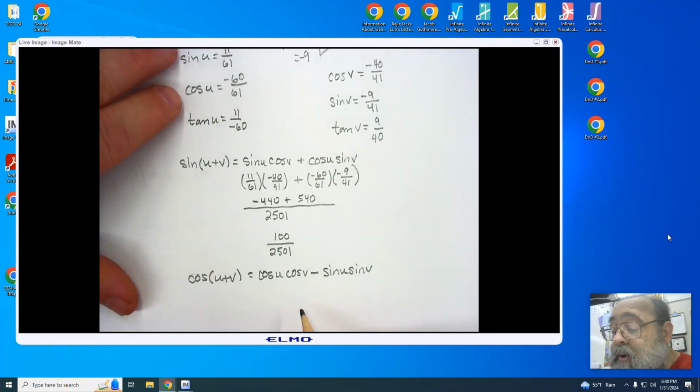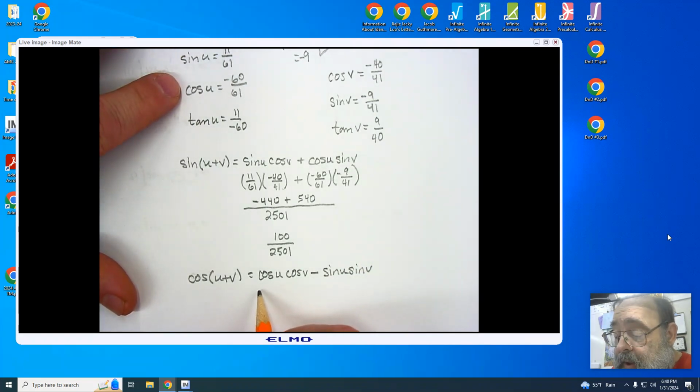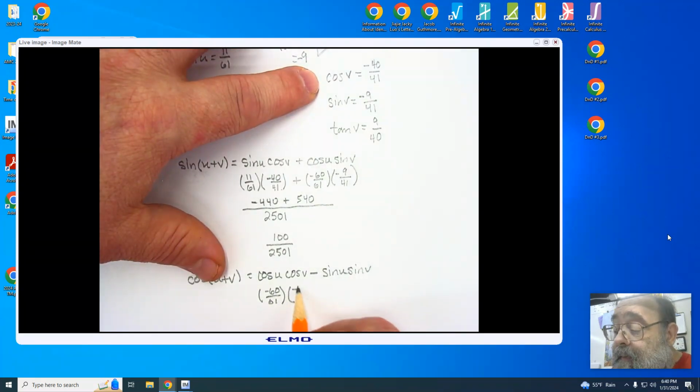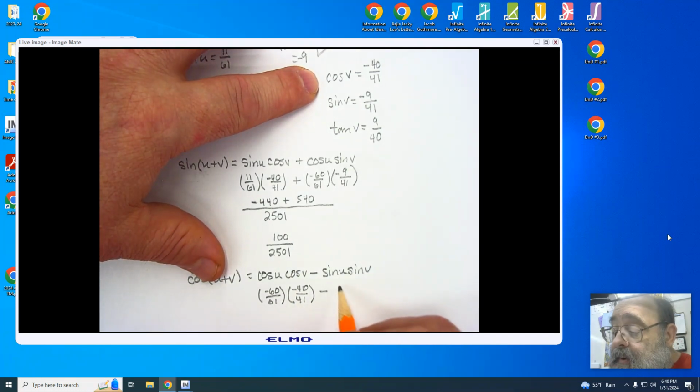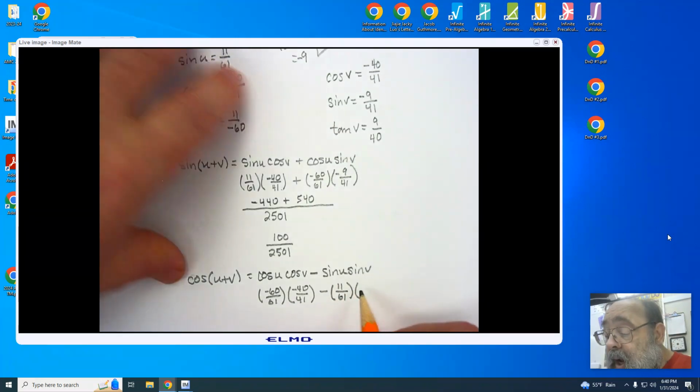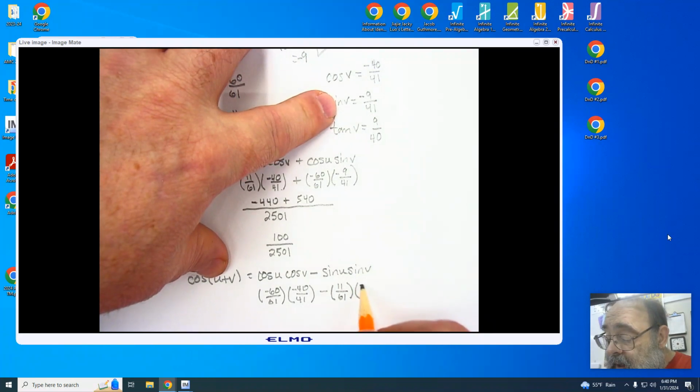We're now going to do a direct substitution. The cosine of u is negative 60 over 61. The cosine of v is negative 40 over 41 minus the sine of u, which is 11 over 61, times the sine of v, and the sine of v is negative 9 over 41.